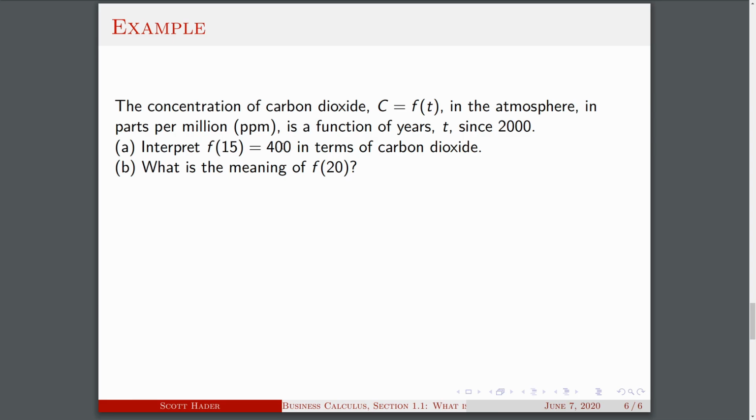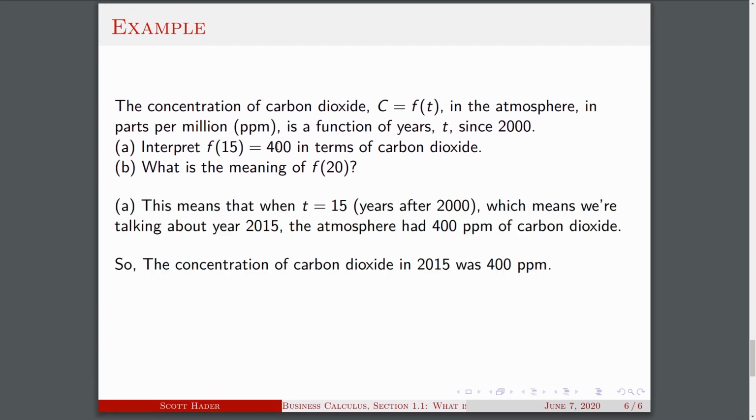All right. So could we say that in 2015 the concentration was 400 parts per million of carbon dioxide? Yeah, we could say that. Notice here that this line is kind of to describe how we got there, but this is what I'd like to see from you, something like this.